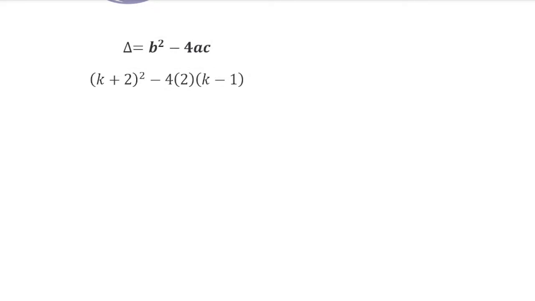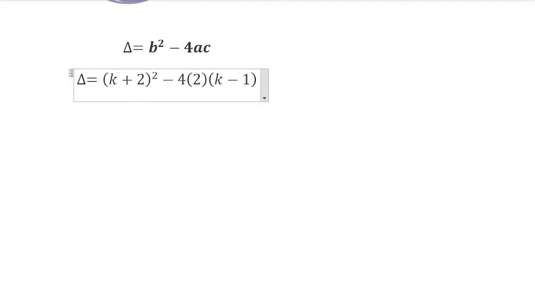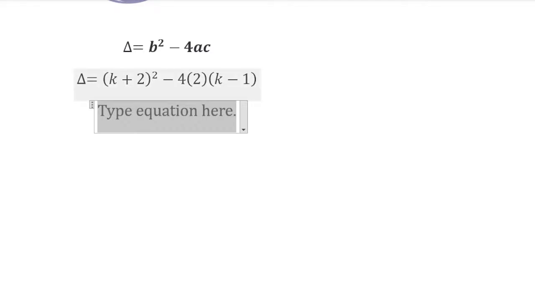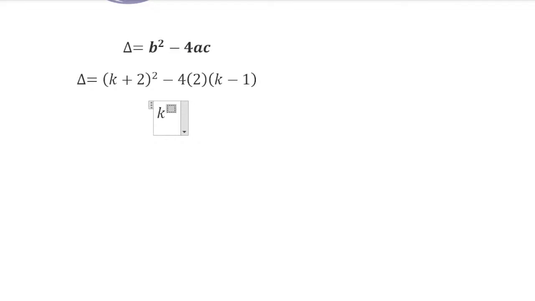So this is our delta. Now let's simplify this equation by inspection. k times k is k squared.